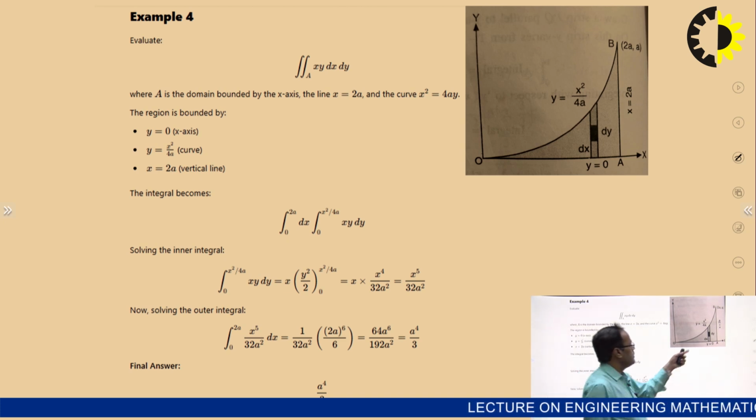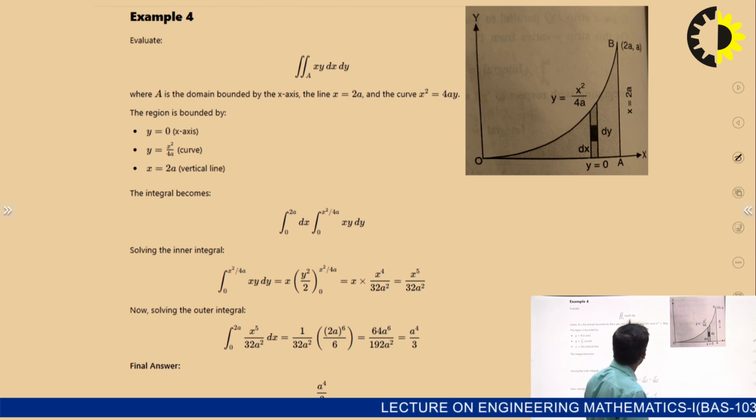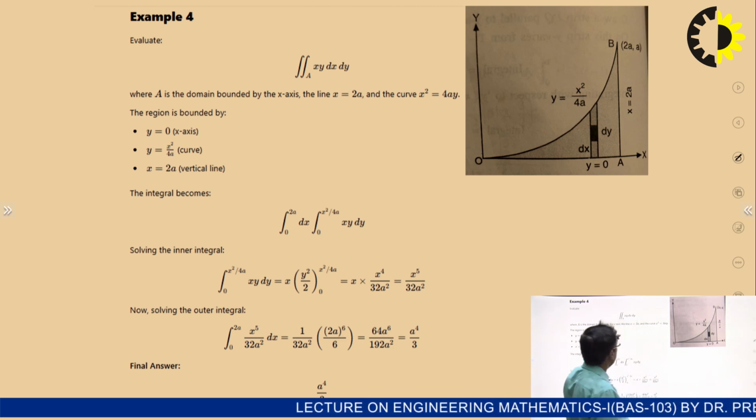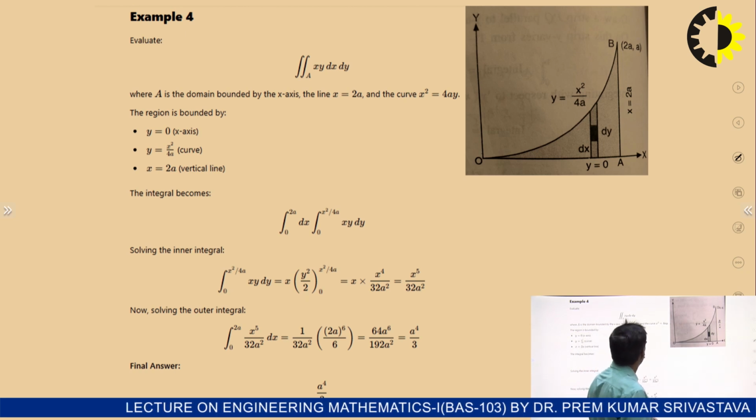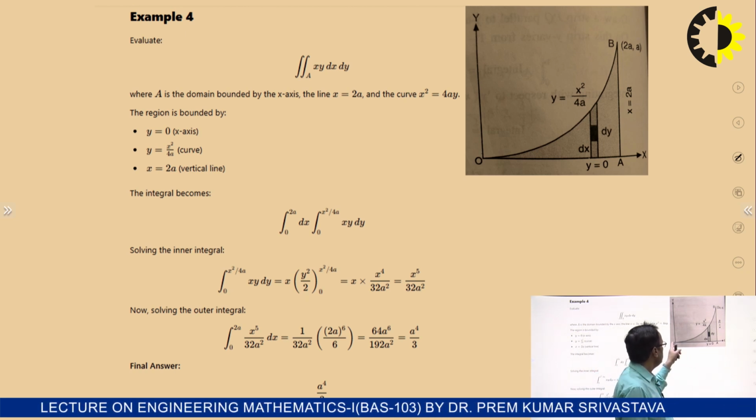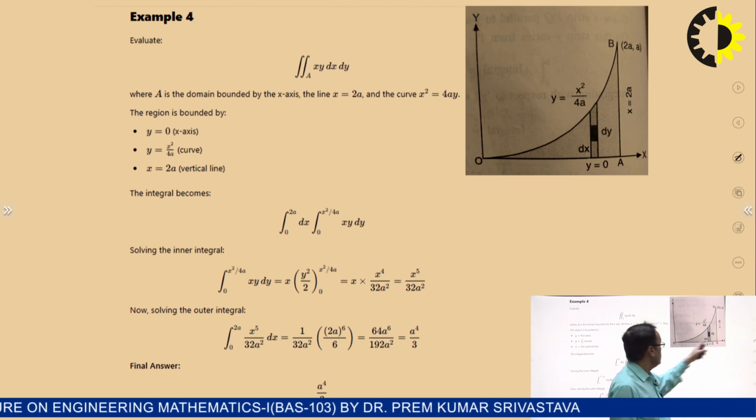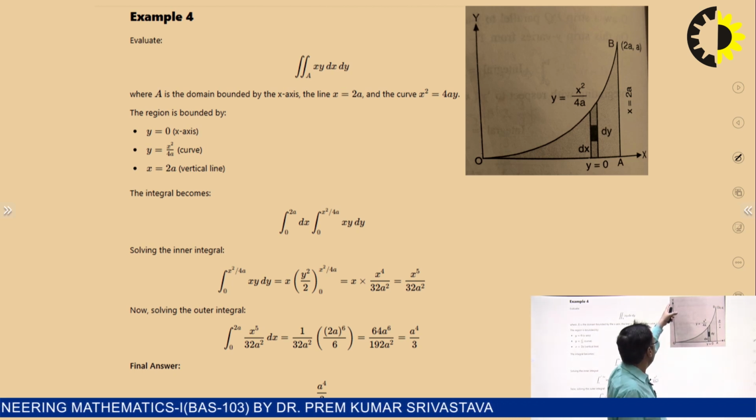From this figure, given that the x-axis means y is equal to 0, this is the x-axis, OX is the x-axis, OY is the y-axis.